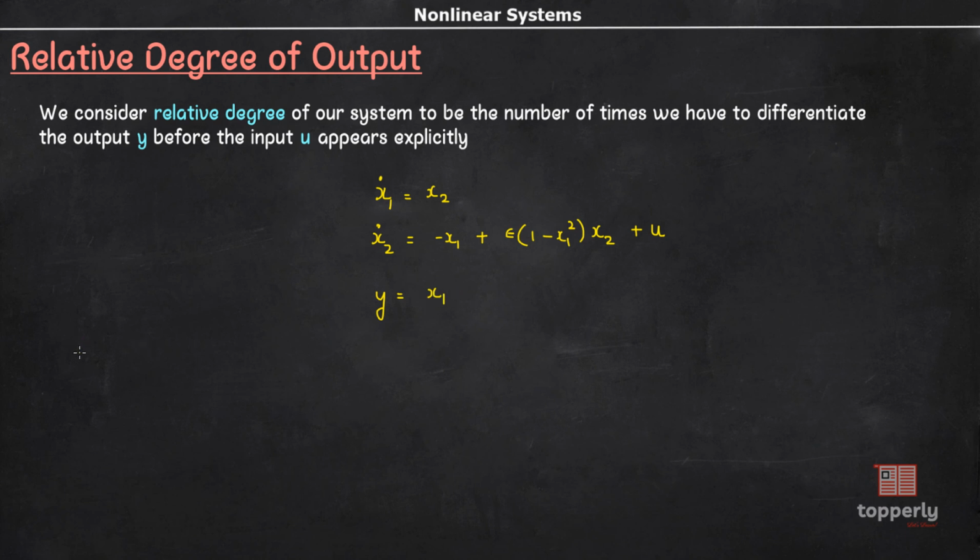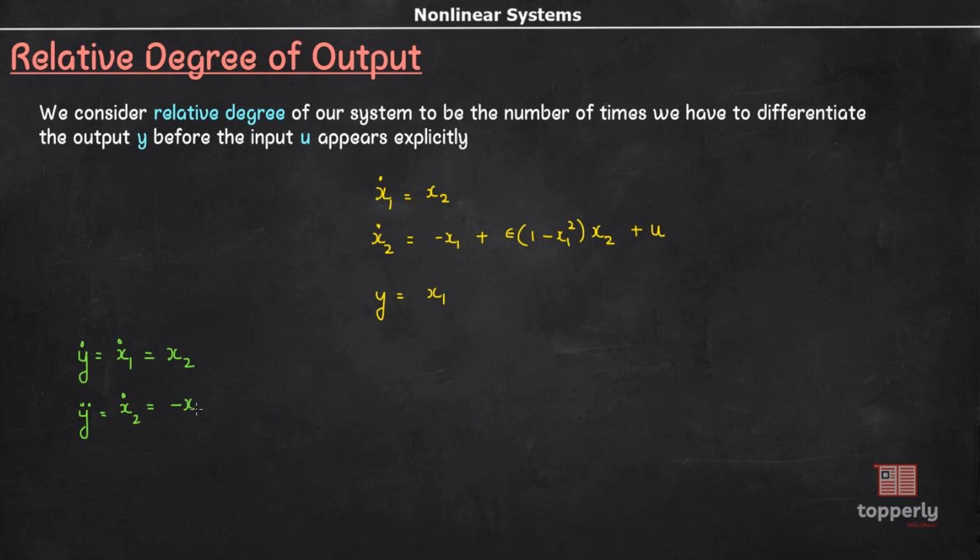Calculating the derivative of the output, y dot equal to x1 dot, and this is equal to x2, and you can see that the input is not explicitly appearing in this equation. Therefore, we will take the second derivative, y double dot equal to x2 dot, and this will be minus x1 plus epsilon into 1 minus x1 square into x2 plus u.